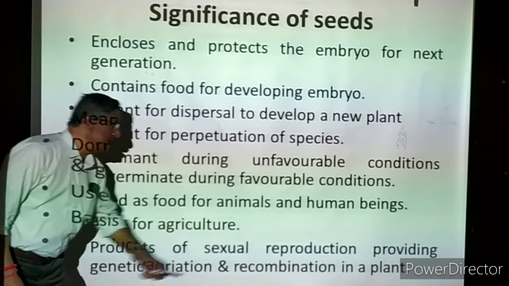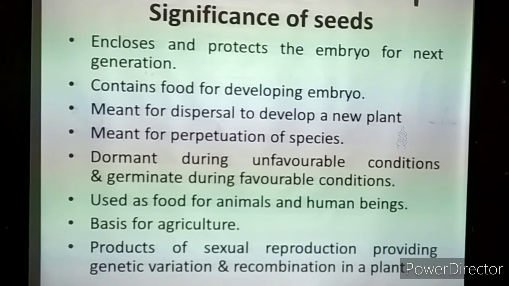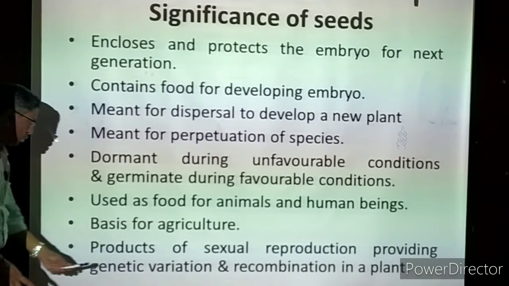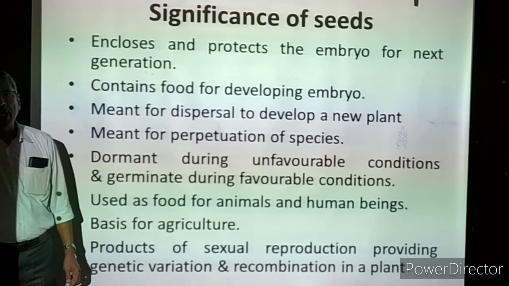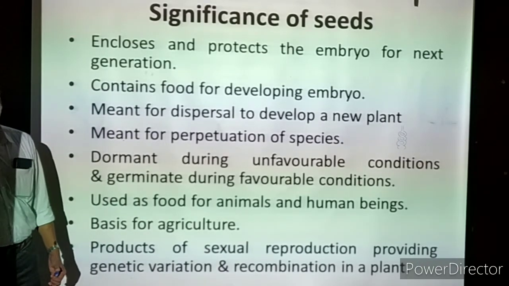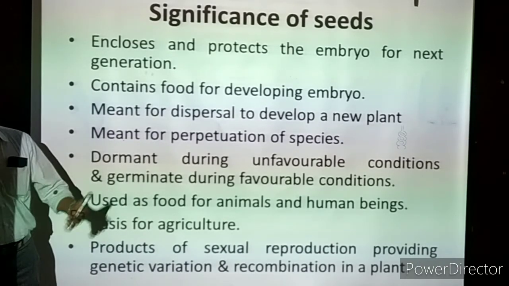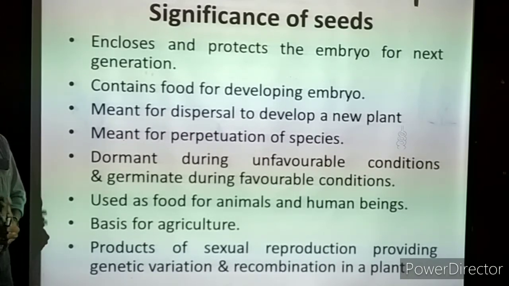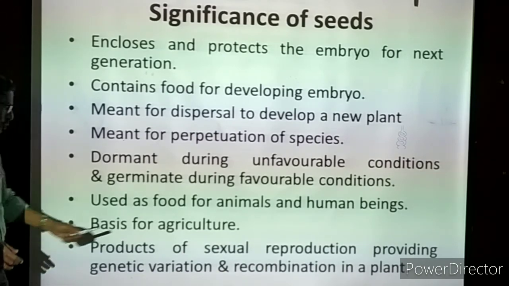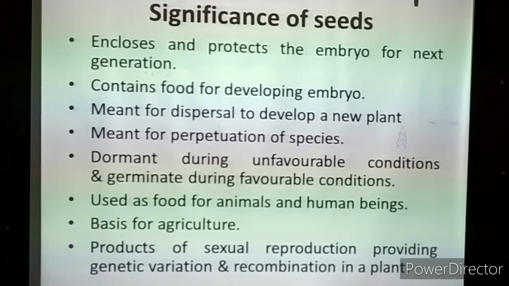That is recombination in a plant. Whenever new varieties and recombinations appear, the plants in the next generation with variations will give so many products for us, to meet our food needs. Otherwise there will be food scarcity. So we are doing this by applying certain techniques.